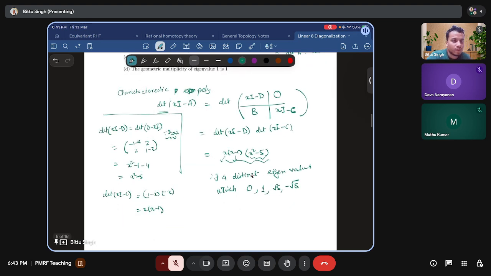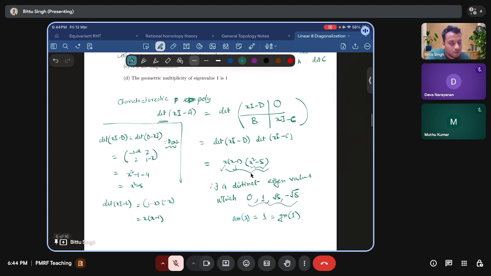So in this case, we have already seen that if all eigenvalues are distinct, each gives only a single eigenvector. The algebraic multiplicity of each eigenvalue is already 1, and the geometric multiplicity is also 1, because there can be at most 4 eigenvalues in a 4 by 4 matrix.